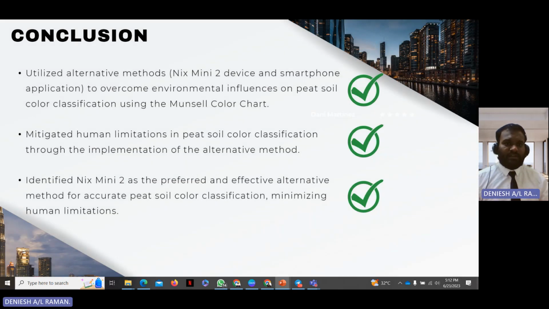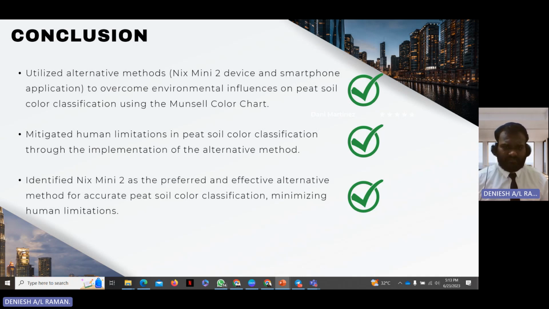So in conclusion, I can conclude that the Nix Mini 2 and smartphone application are an alternative method that can overcome the environmental influence on peat soil color classification using the Munsell chart.